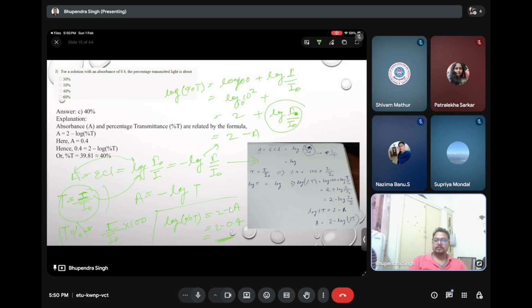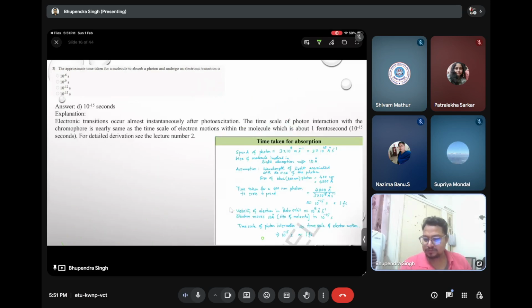Next you can figure it out, this will become 1.6 something. Yes, 1.6. This is log percentage of T, so percentage of T equal to 10 to the power 1.6. 1.6 will be more or less about 40%. Fine. This is just the calculation. Yes. Moving on to the next question.